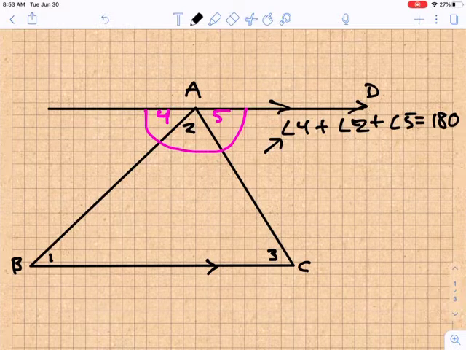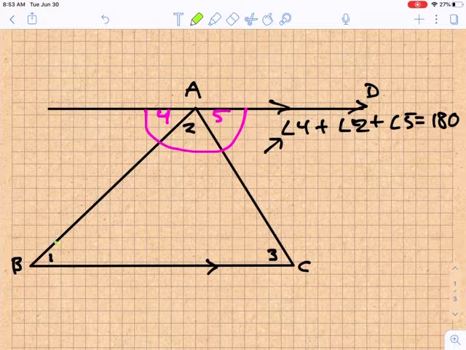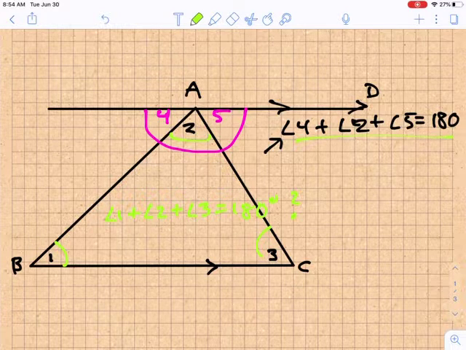So the goal is to ask ourselves why we know that these angles add up to 180. I know these angles right here add up to 180 because I understand supplementary angles, even though supplementary angles are technically a pair.